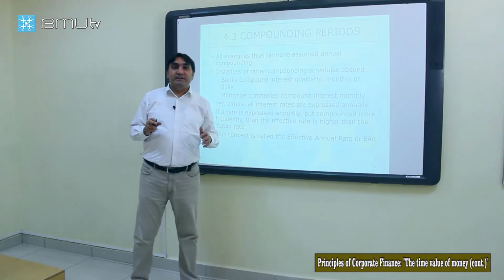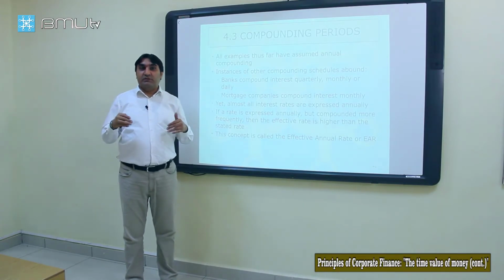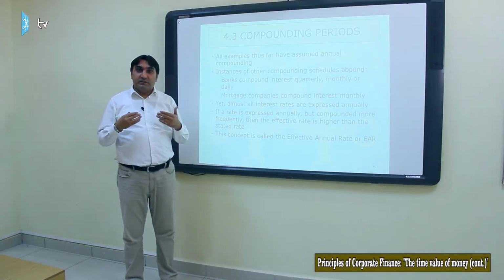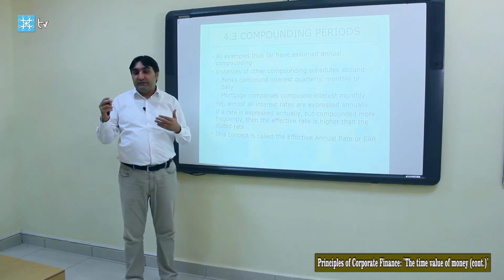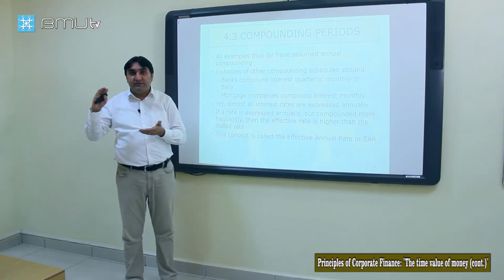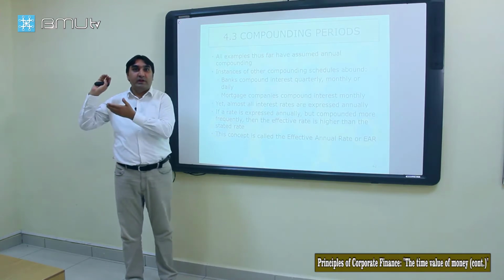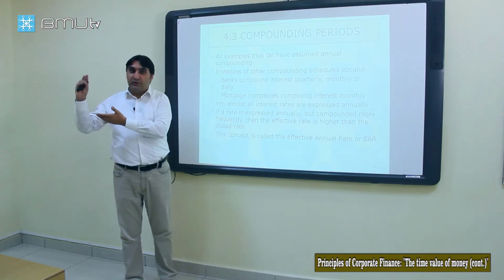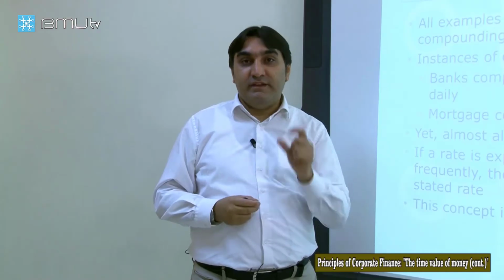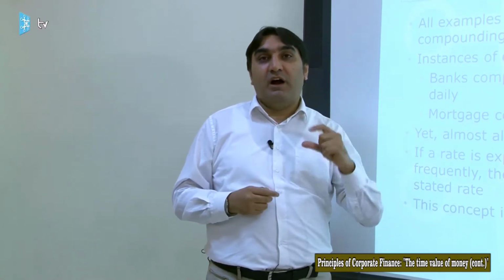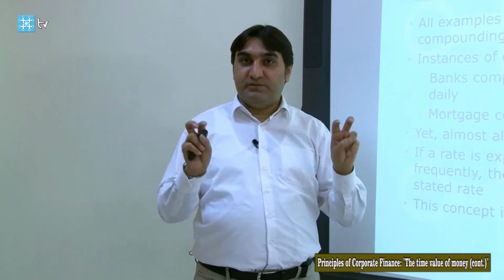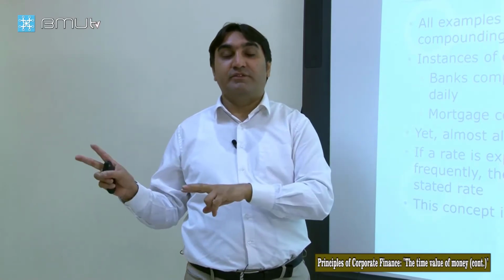If the rate is quoted annually, but compounding is different than annual, maybe monthly or weekly or semi-annual, then the effective rate, the real rate, that is the felt rate, will be higher than the quoted rate. This felt rate is called the effective annual rate.